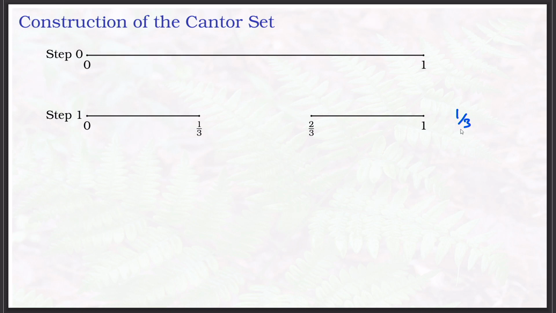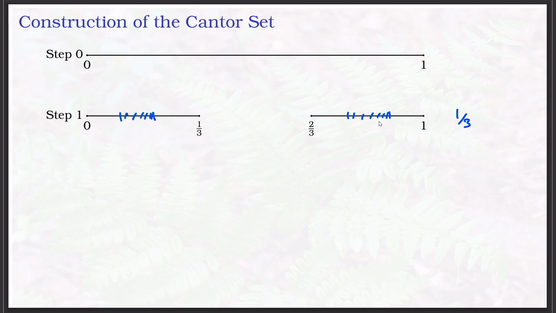Now, we apply the same process on the first step. Both intervals are divided into 3 equal parts, removing the middle part on the left side as well as on the right side.